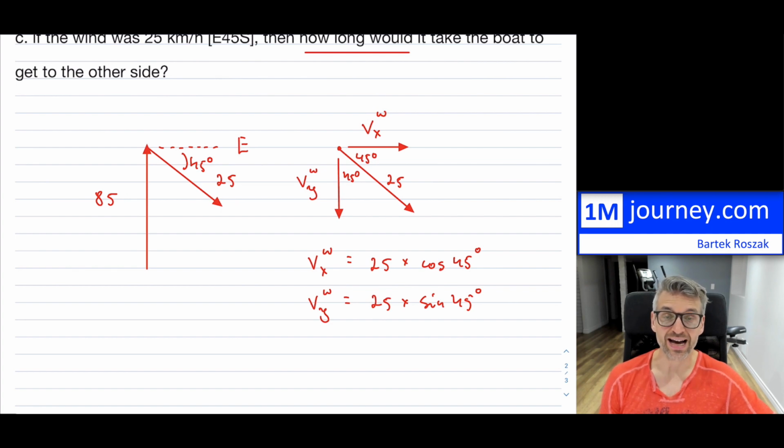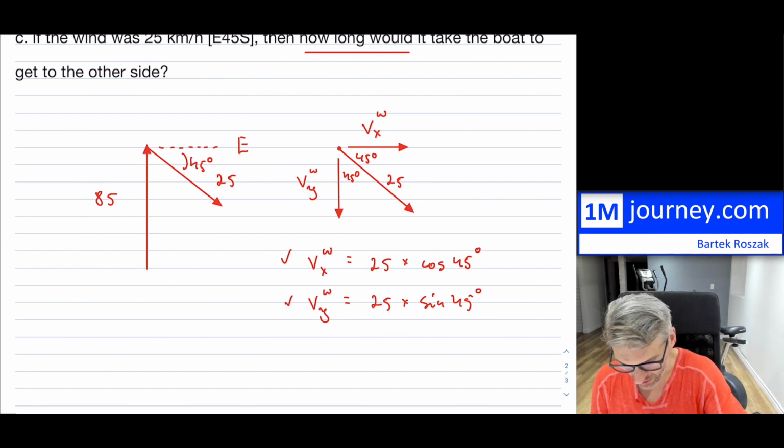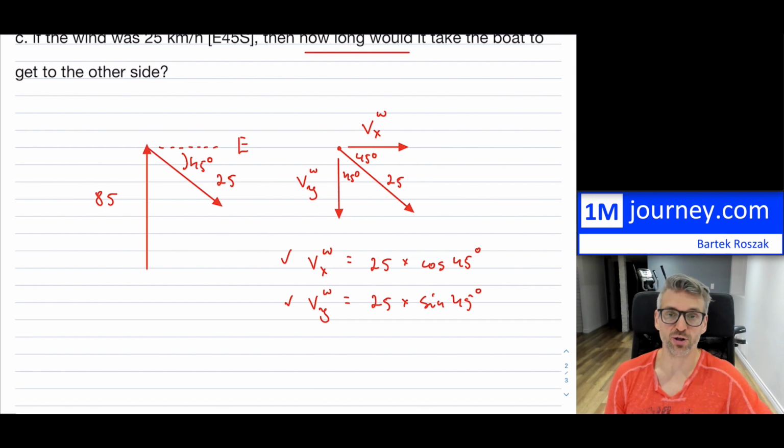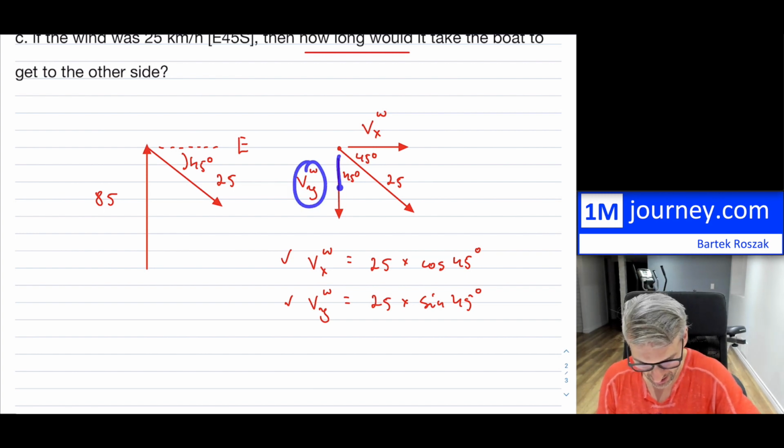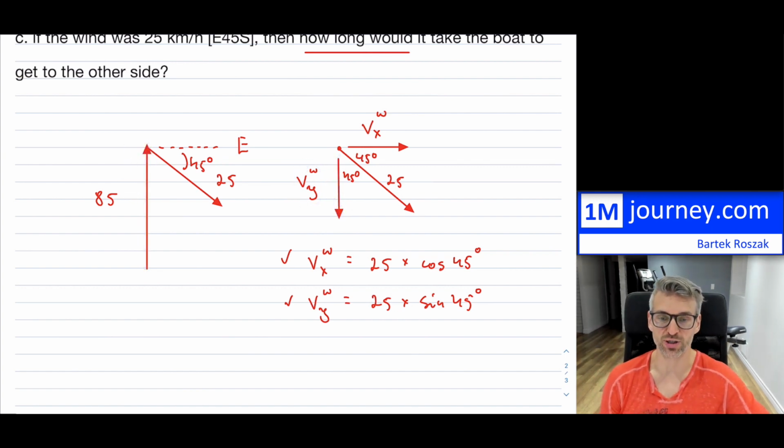Now that we have these two components, the component in the x direction does not have an impact on the boat, but the y component certainly does, because our boat is moving in this direction and there is a component in the wind which is pushing it back.